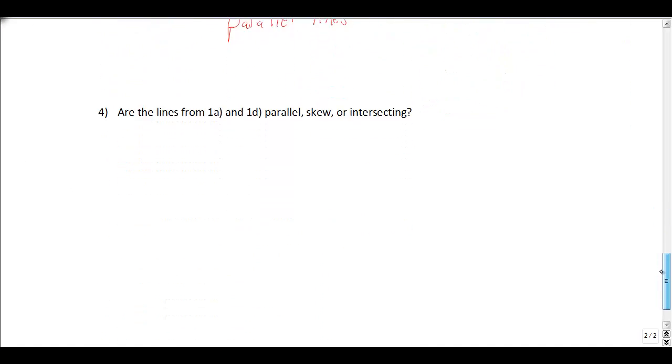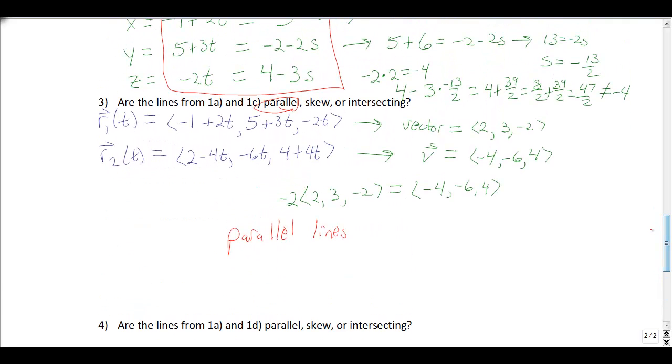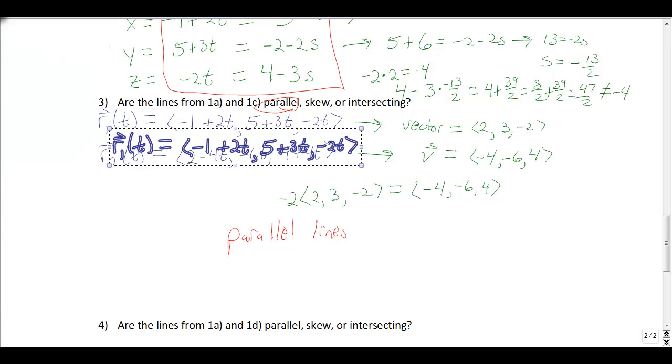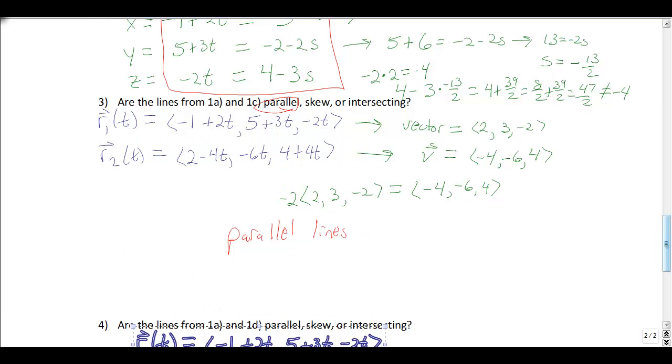Last one. So let's do 1a and 1d. Again, let's highlight, copy our 1a, and paste down there.